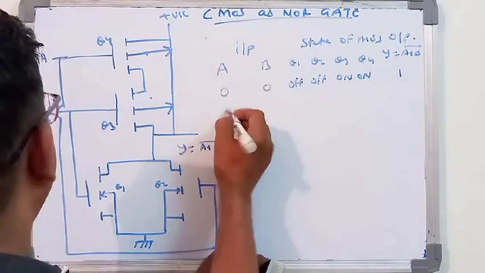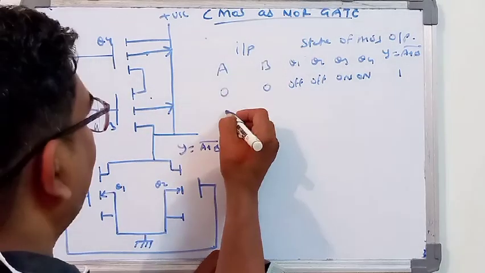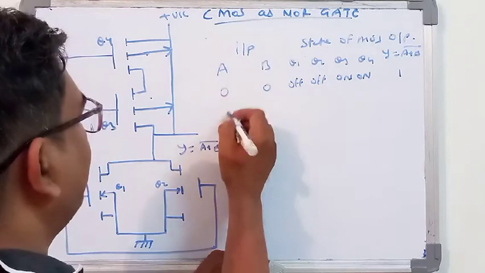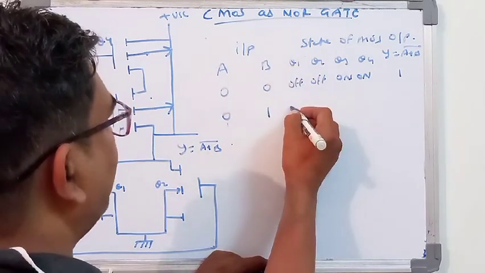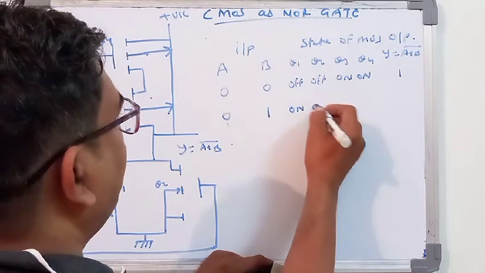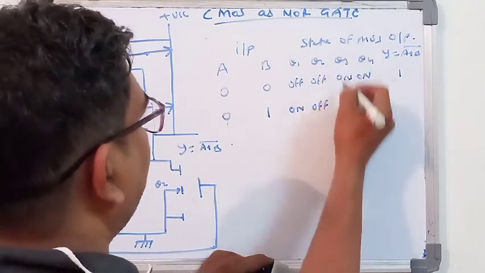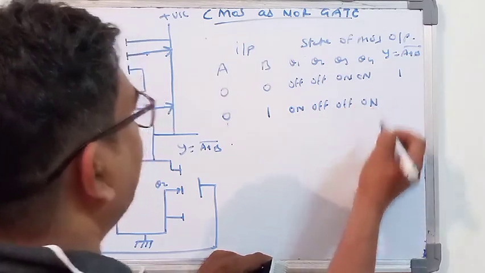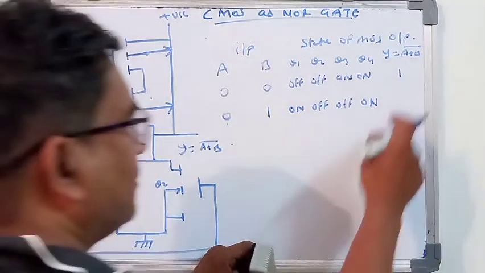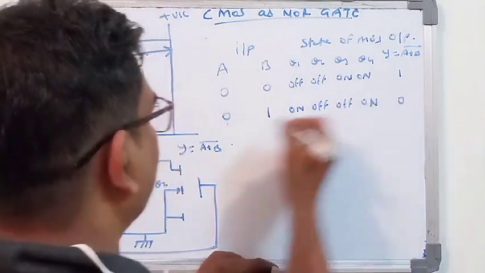When A is equal to 0 and B is equal to 1, Q1 is in an on condition and Q2 is in an off condition, Q3 is in an off condition and Q4 is in an on condition. Okay, the output will be 0.